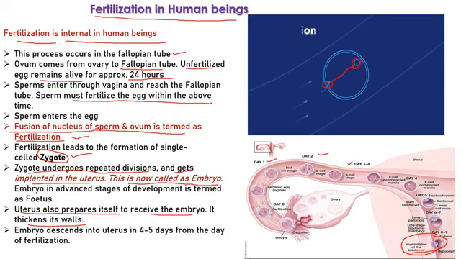The embryo descends into the uterus in 4 to 5 days, or let's say about 1 week after fertilization, and it gets embedded in the uterus.